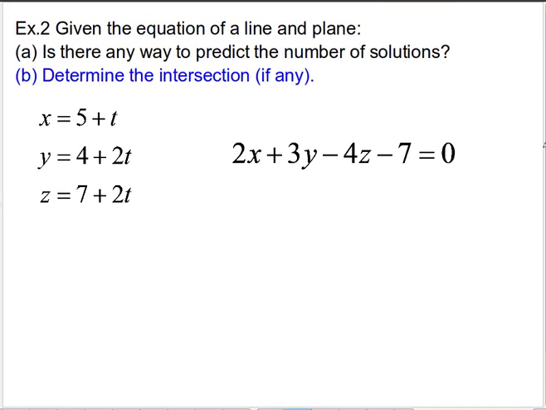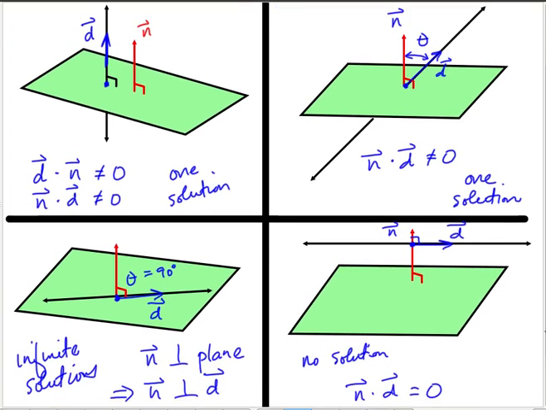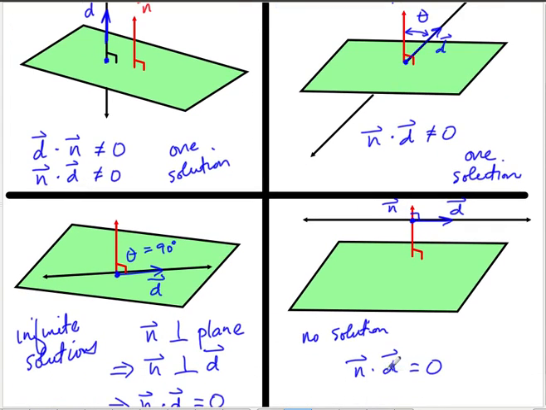Okay. For my second exercise, the first part that we're going to deal with on this page is: is there any way to predict the number of solutions? We went through our possibilities, and when it comes to predicting the number of solutions, it comes down to the dot product.